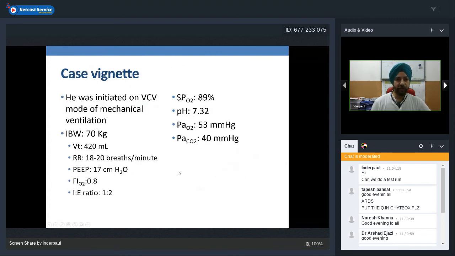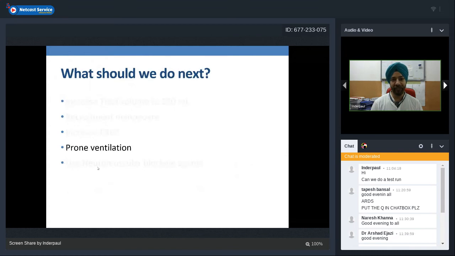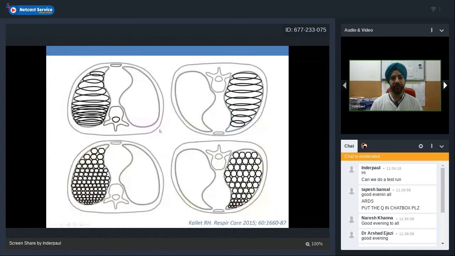So coming back to the case, we set the PEEP to 17 based on our strategy. However, he still required an FiO2 of 0.8. So what next? I think the only thing that we are left with is prone ventilation. So we proned the patient. The rationale behind proning is to see these 2 figures.